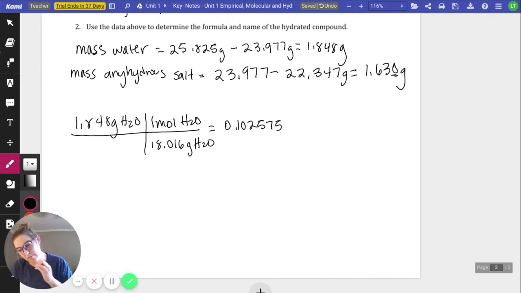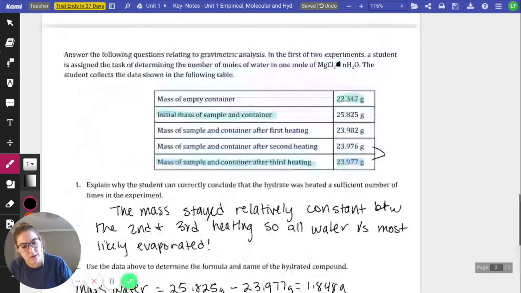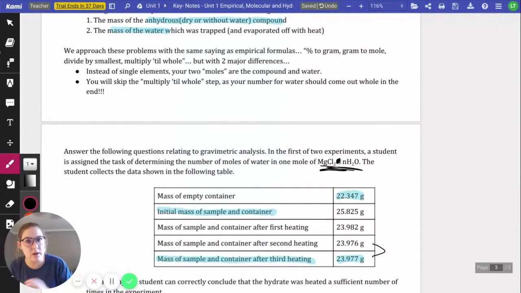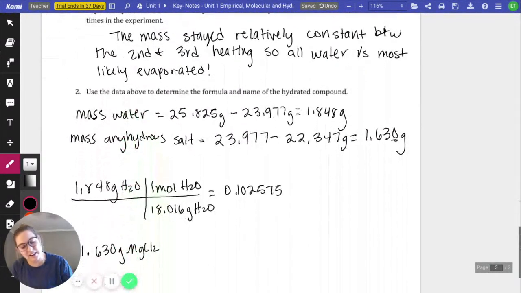Plug it in, and I got 0.102575. And then my mass of my anhydrous salt is 1.630 grams. My anhydrous salt is magnesium chloride. Where did I get that from? Right here in the problem. All right.